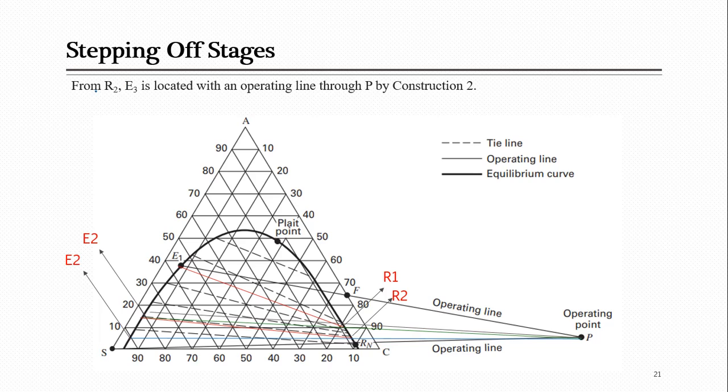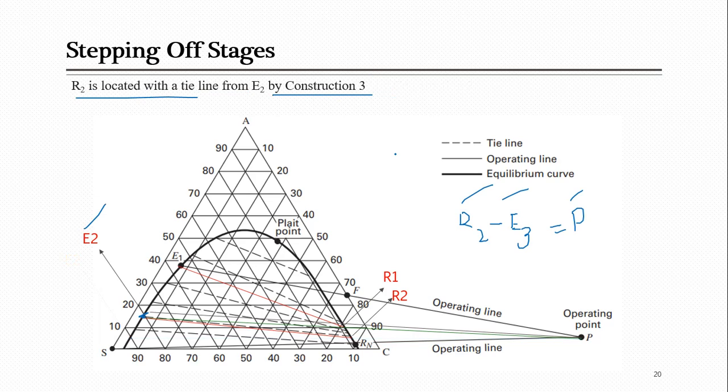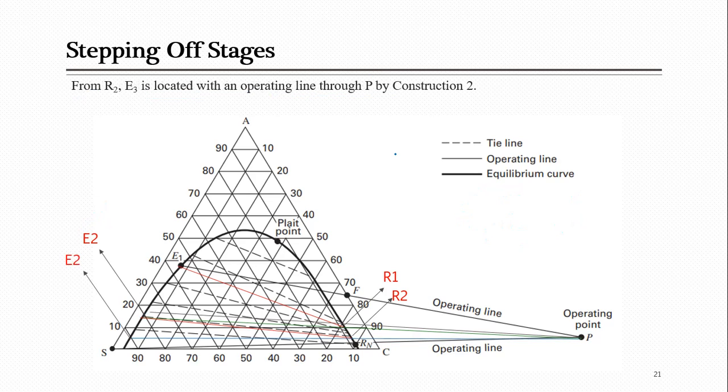So here from R2, E3 is located with the operating line passing through P, R2, and then it cuts the extract side on E3. So let's look, we draw here one line and that's already drawn here for you.